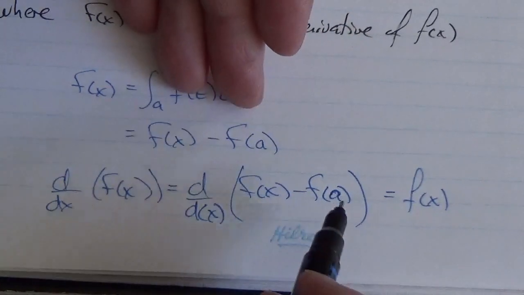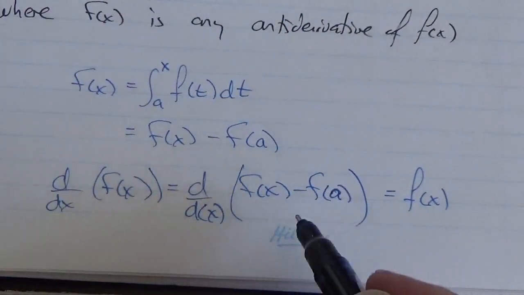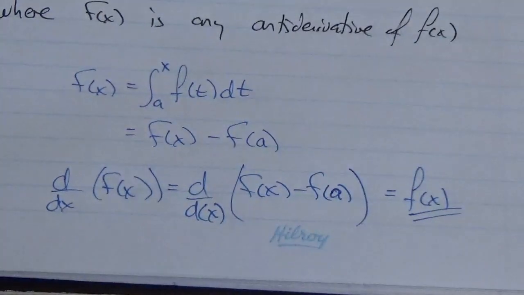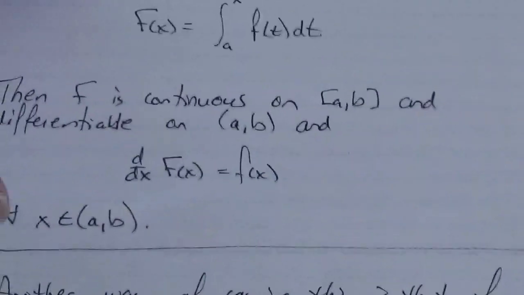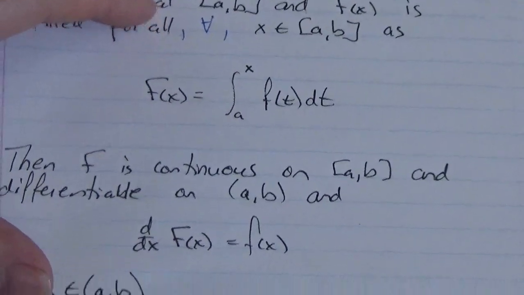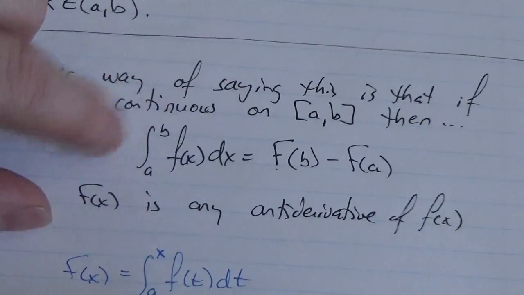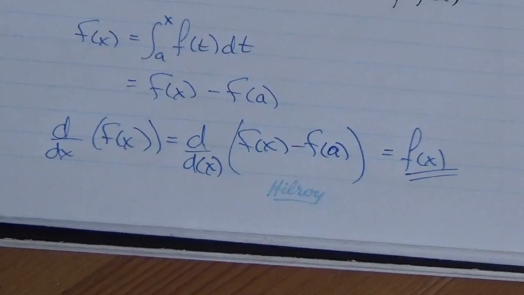I'm replacing it with a value here. So I'm going to get a value there. And when I take the derivative of a constant, that's going to disappear. And so all I'm going to be left with is my little f of x. If you combine these two ideas, this fundamental theorem of calculus that we were just introduced to, and what we know to be true about the way integrals work, that's the relationship that we're seeing. Okay, I hope that makes sense.